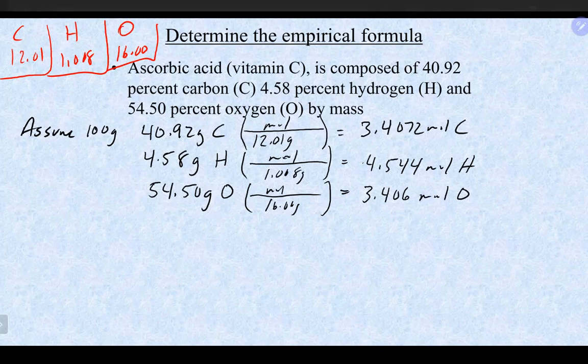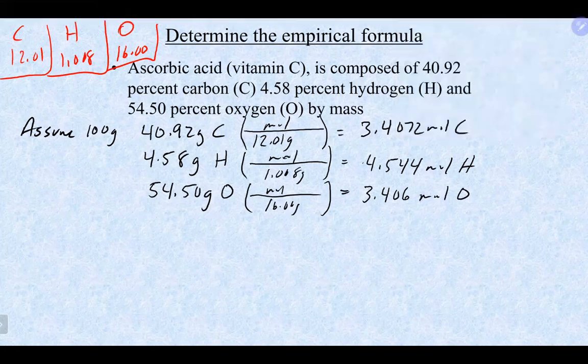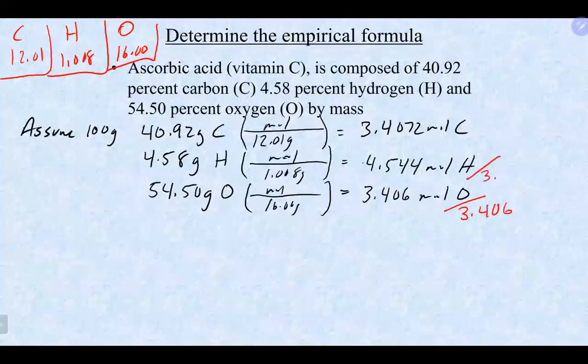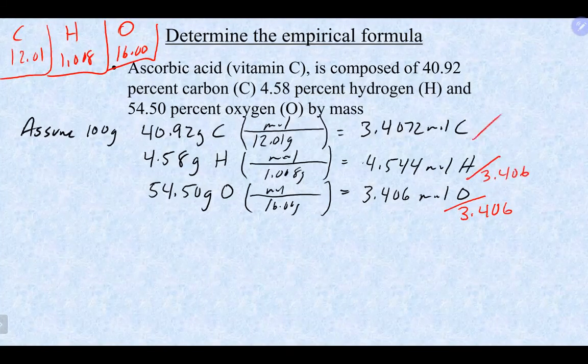In this case, what we want to do is divide by the smallest. We basically have a couple of 3.4s, so we'll go with the one on the bottom. We're going to divide everybody by 3.406. That's going to give us 1 there, 1 there, and 1.33 here. Any questions so far on that part of it?